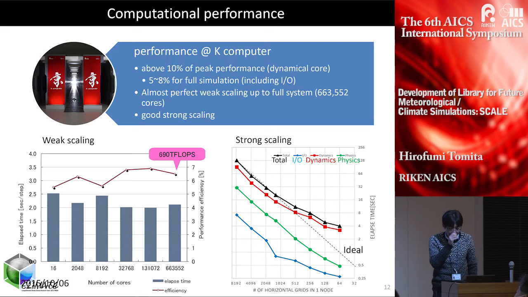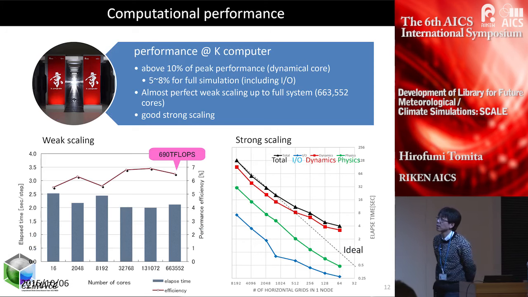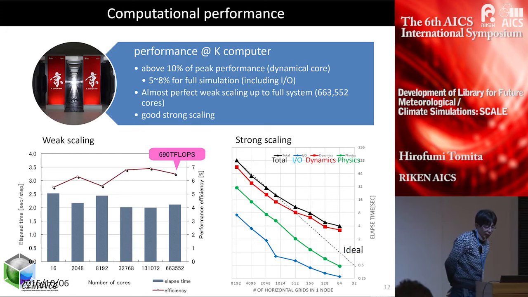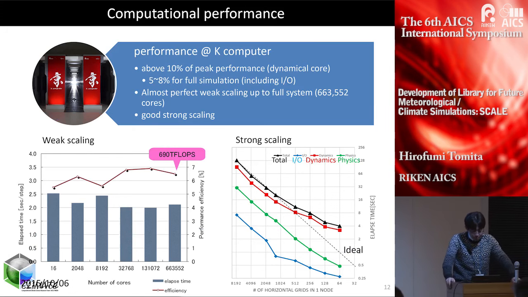And this is the computational performance of SCALE. The left panel shows the weak scaling, and the right panel shows the strong scaling. You can see we get about 10% of peak performance only for the dynamical core.